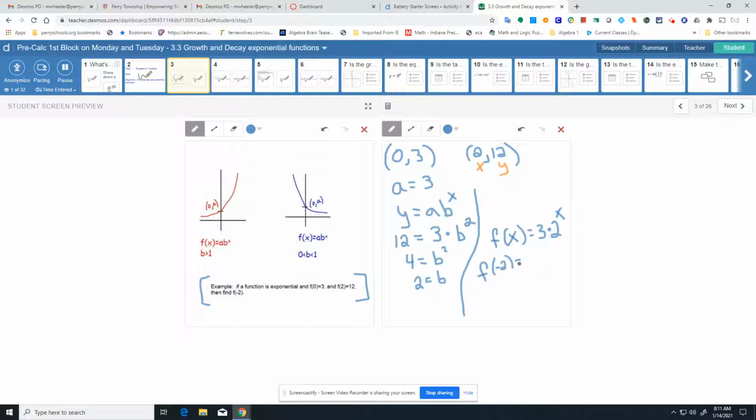So that's going to be 3 times 2 to the negative 2. That's just 3 times 1 over 2 squared, which is 4. So 3/4. And that would be your final answer.